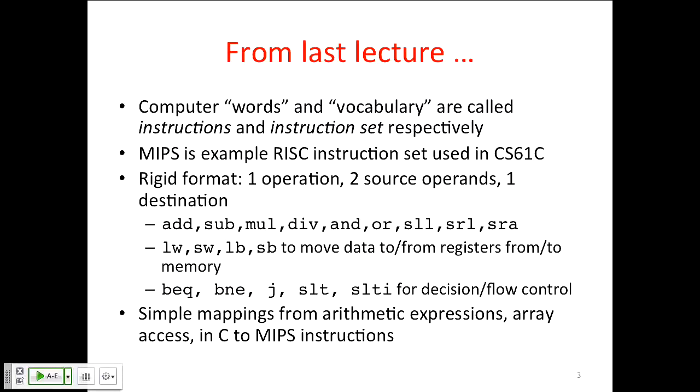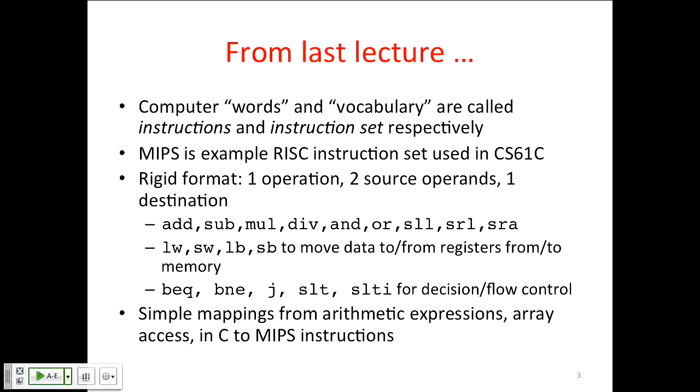Any given processor has a set of instructions it understands, called its instruction set. In this class, the main one we're using for lectures is called MIPS. It's an old instruction set that was developed out of work at Stanford.